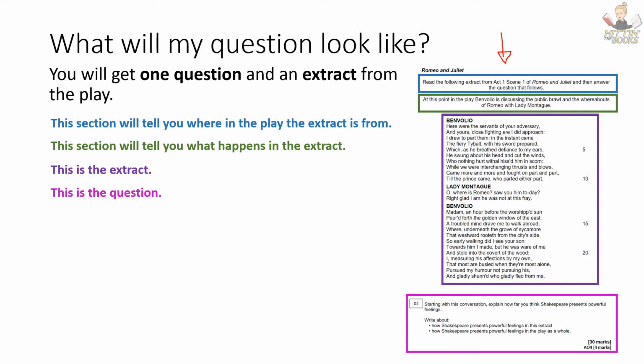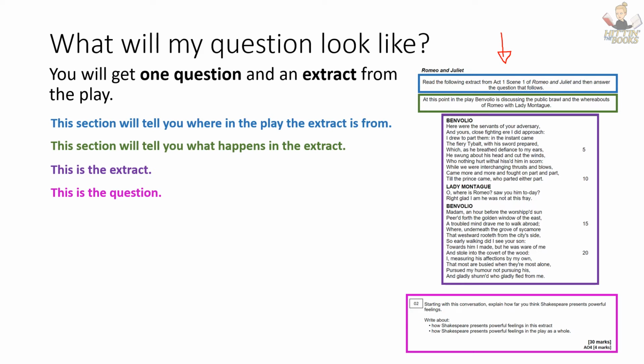Here the sentence says, at this point in the play, Benvolio is discussing the public brawl and the whereabouts of Romeo with Lady Montague. It doesn't give you a great deal of detail, but it gives you a rough idea of what is happening in the plot. You should read everything on the page, including the information at the top.